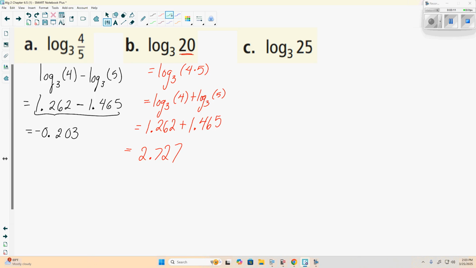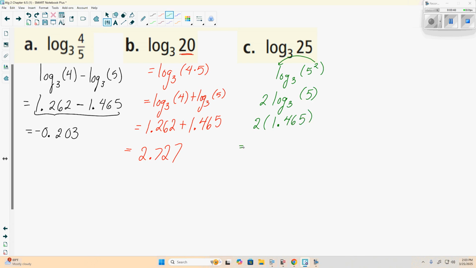And our last one, log base 3 of 25. Well, 25 is the same as 5 squared. 5 times 5. Now our power property says we can move the 2 to the front, giving us 2 times log base 3 of 5. And from what it told us, log base 3 of 5 is 1.465.